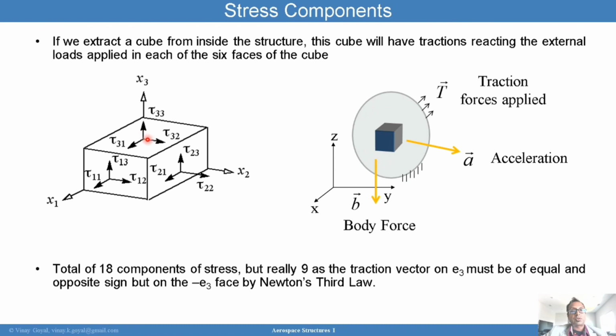And tau 3,2, which is acting on the 2 direction like that, in the opposite phase, will be of equal magnitude, but pointed in the -2 direction, in that bottom phase that we cannot see, x3. Tau 3,1, which is positive in the top phase, should be in the equal and opposite direction in the bottom phase.